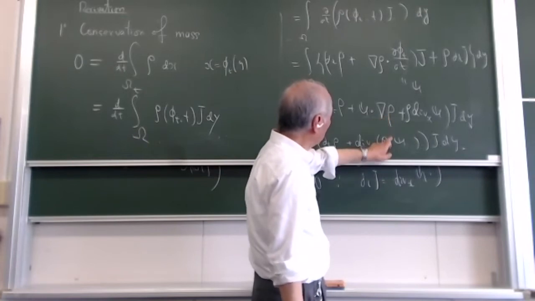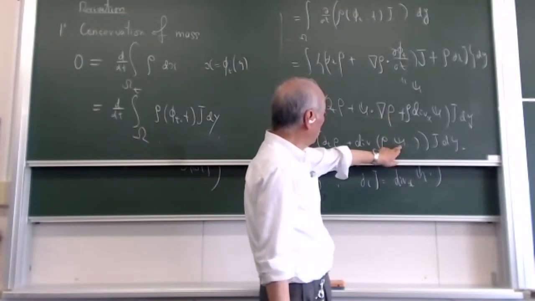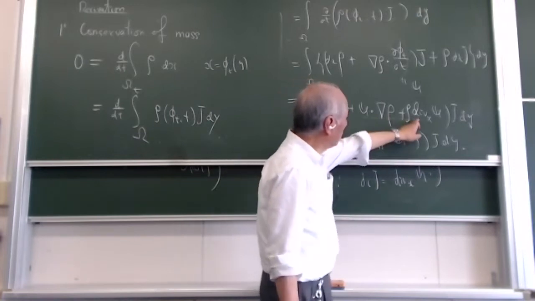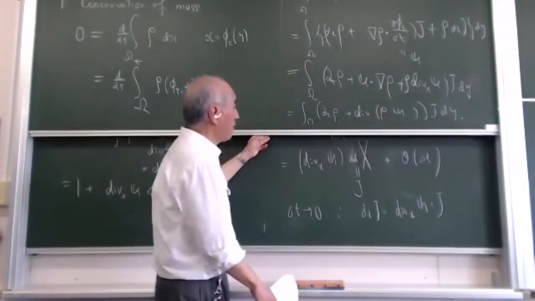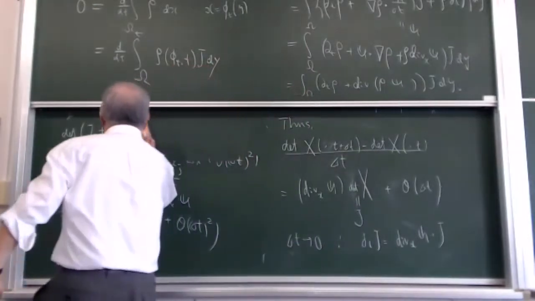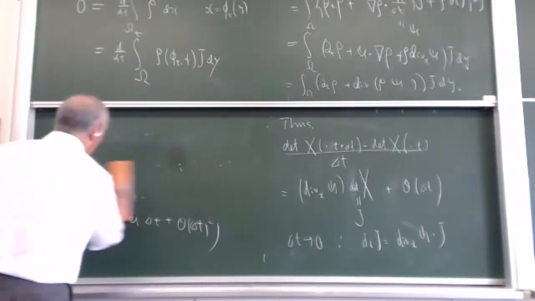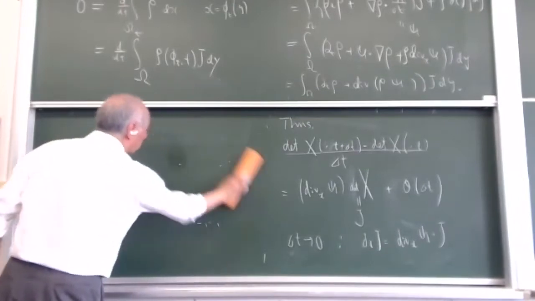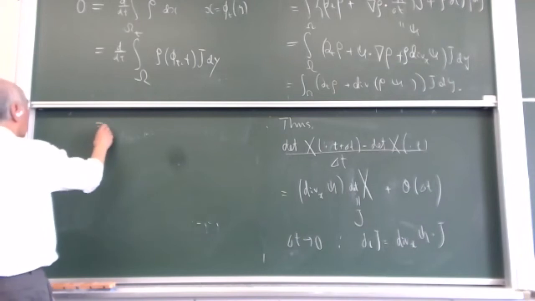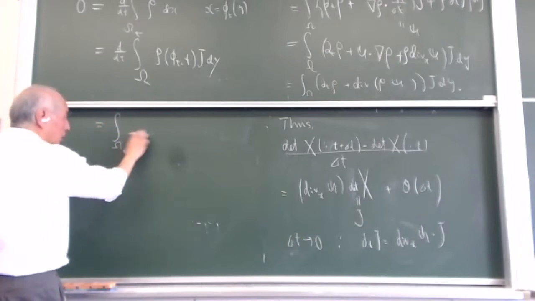This is nabla rho inner product u, and the divergence comes here. Then rho times divergence u. So you come back to the Euler coordinate.